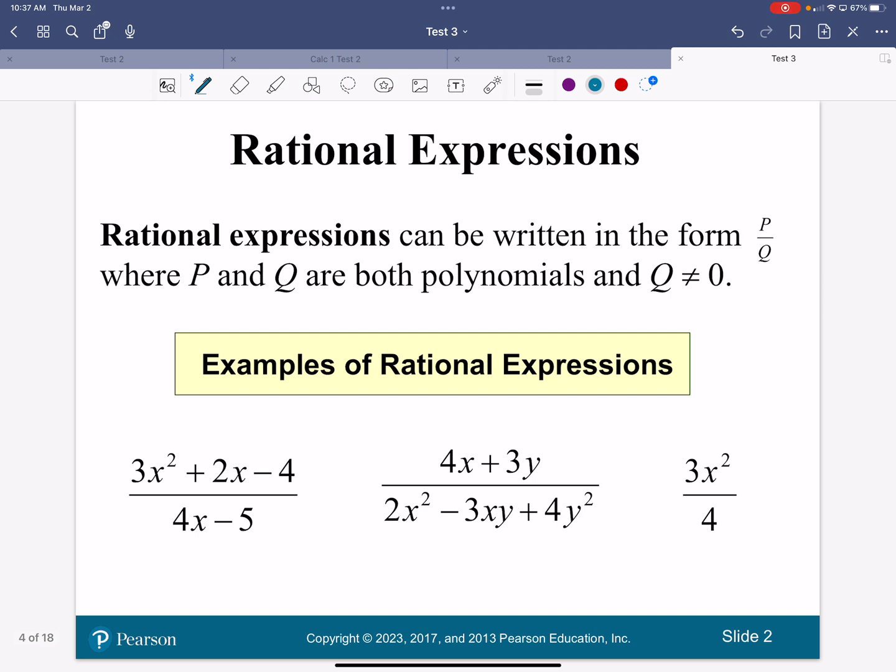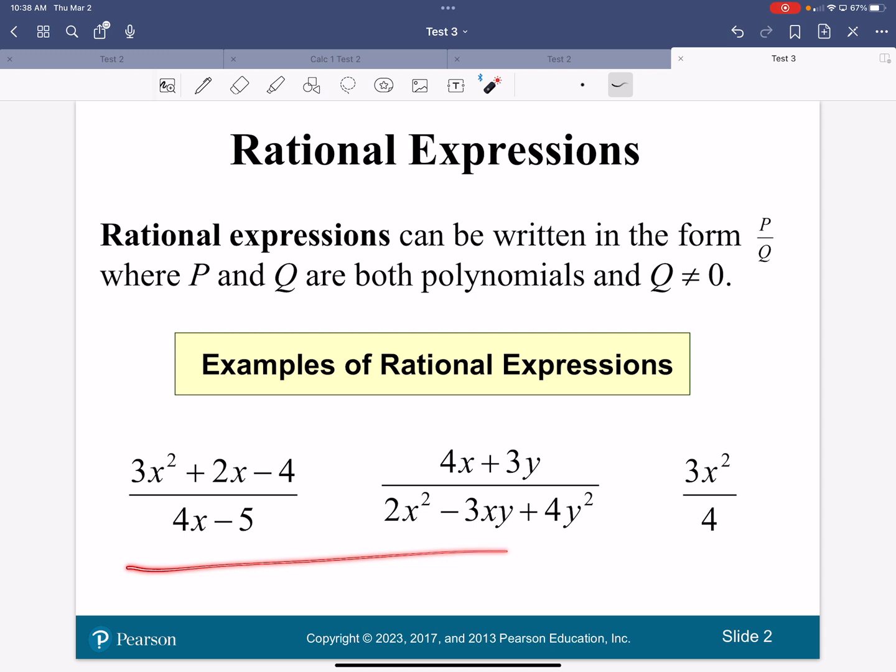Okay, so rational expressions are fractions on steroids. They have a lot of the same properties as fractions, but we are using polynomials. We're going to have an algebraic expression in the numerator and an algebraic expression in the denominator.